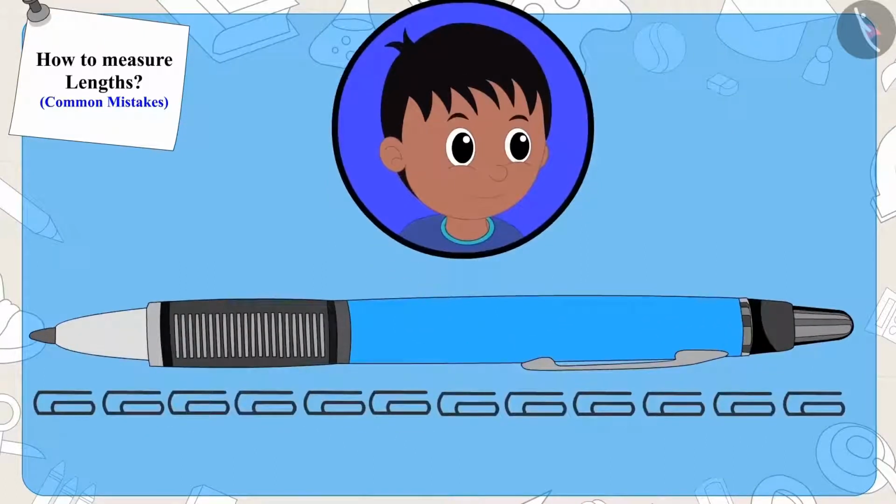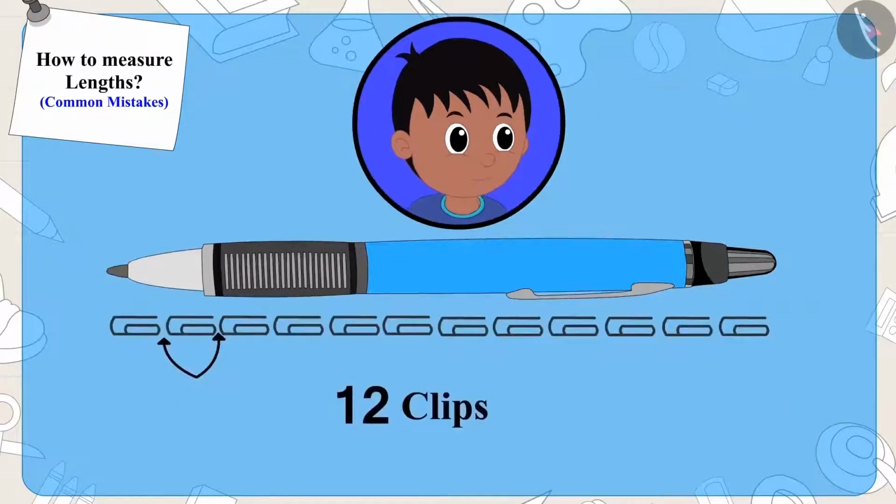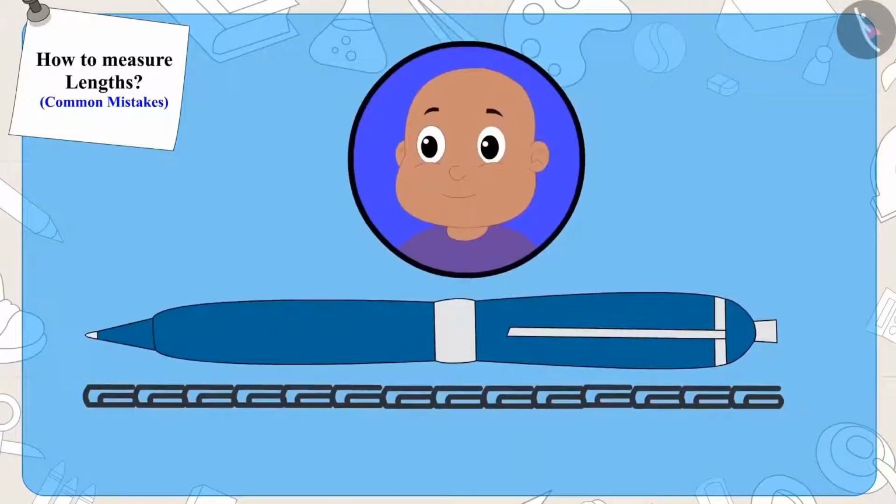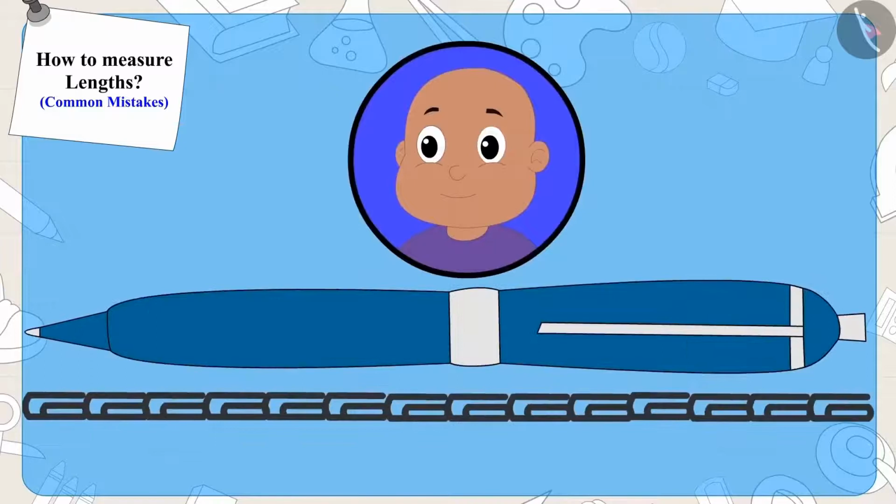Yes, while measuring the pen, Raju left a lot of space between the clips. That is why only 12 clips came in the length of Raju's pen. On the other hand, while measuring his pen, Bablu placed the clips in a straight line without leaving any space in between.